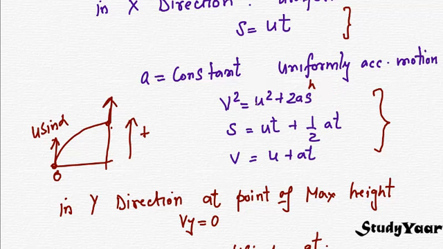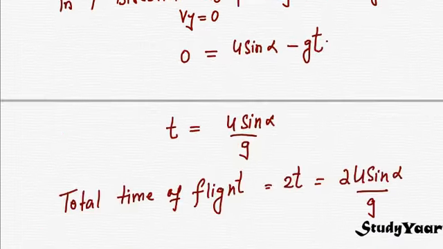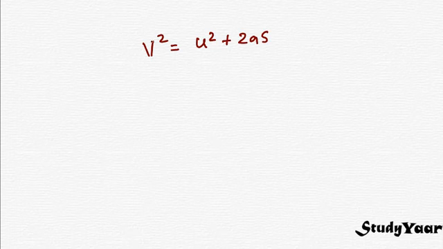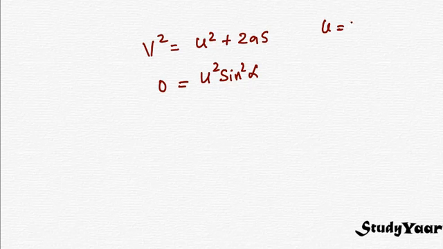So let us use that. v square is equal to u square plus 2as. v is 0, u is equal to u sine alpha.